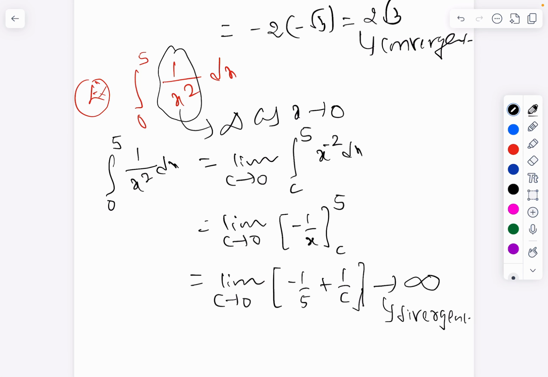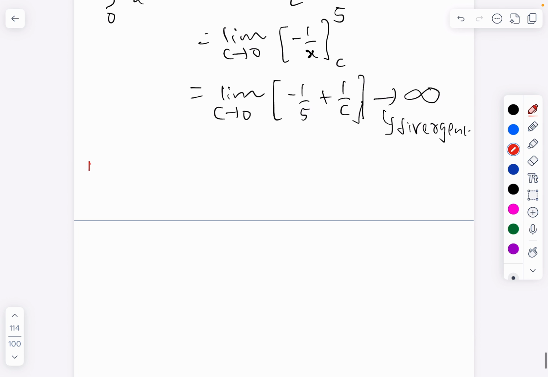Okay, take one more example: integration 0 to 3 of dx over root 9 minus x square.